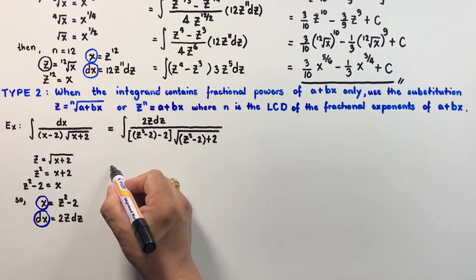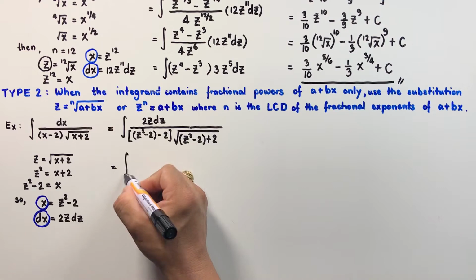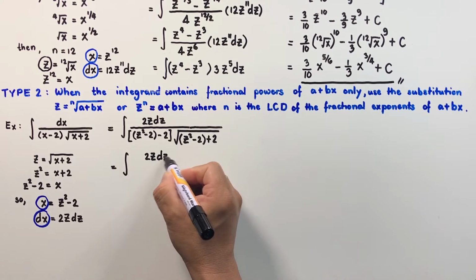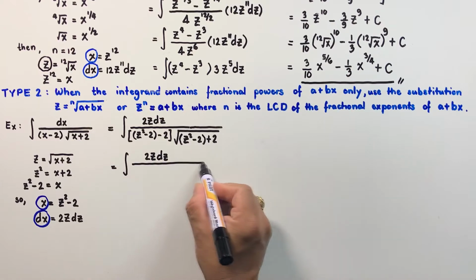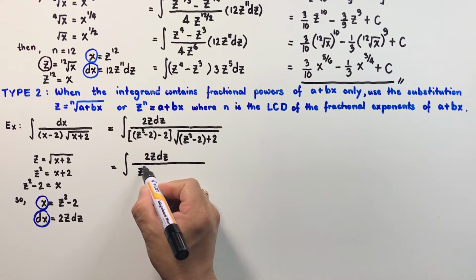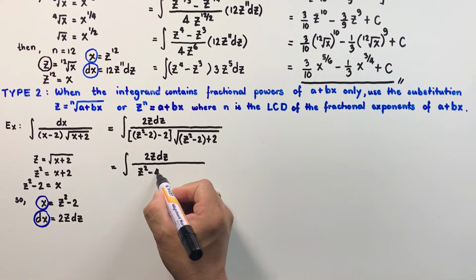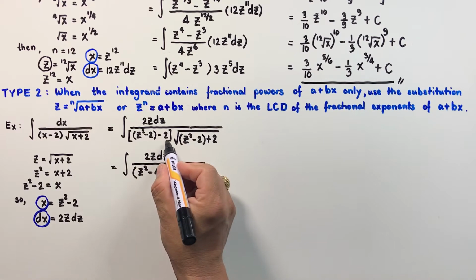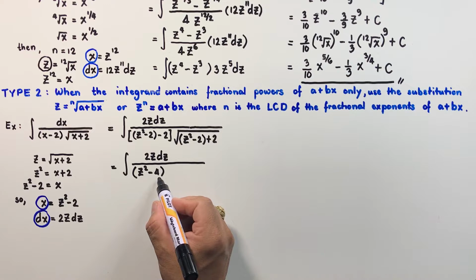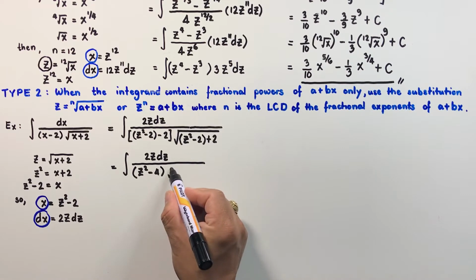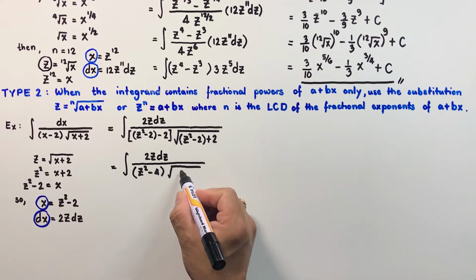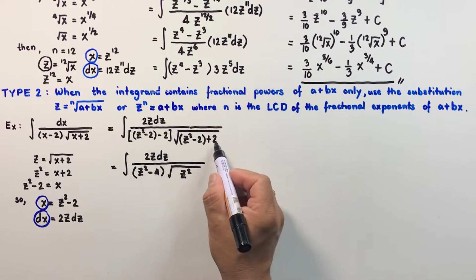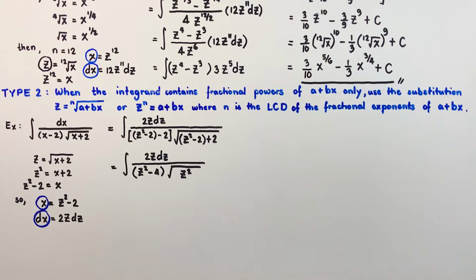So removing the outer parenthesis here, we have the integral of 2z dz divided by z squared minus 4, because the minus 2 when subtracted by 2 is minus 4 here. And this is multiplied by just the square root of z squared, because minus 2 plus 2 is 0.